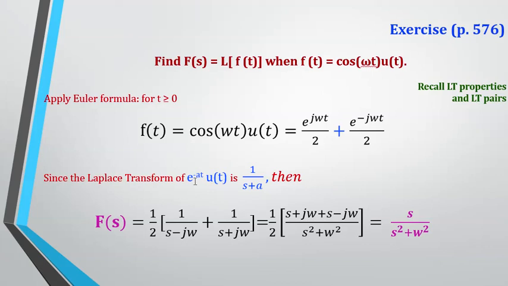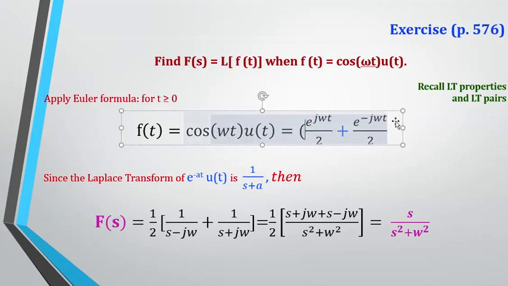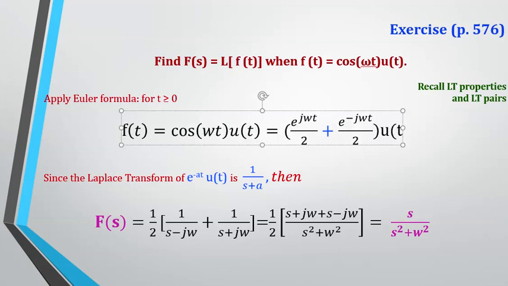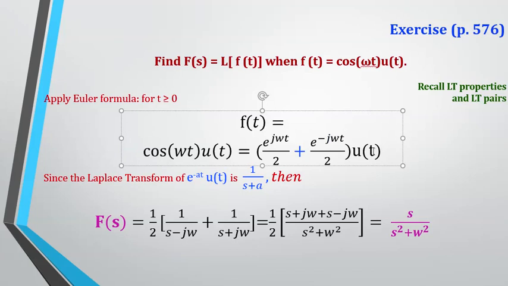So again, using this property that e to the power of minus a t u(t) will give you 1 over s plus a, because look, the whole thing is being multiplied by u(t). That's why it's going to be e to the power of j omega t over 2 u(t) plus e to the power of minus j omega t over 2 u(t).